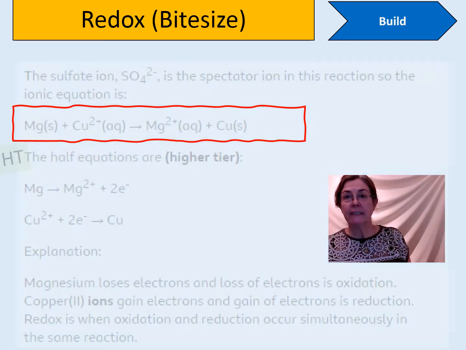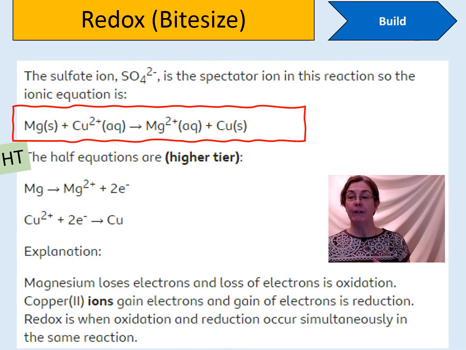So here we can see the ionic equation that I drew on the previous slide. We've got our magnesium metal as a solid reacting with copper ions in aqueous solution, and that's going to give us magnesium ions in aqueous solution and copper metal as a solid.